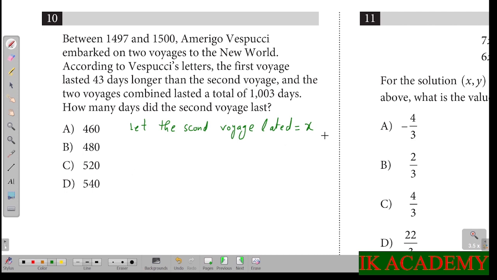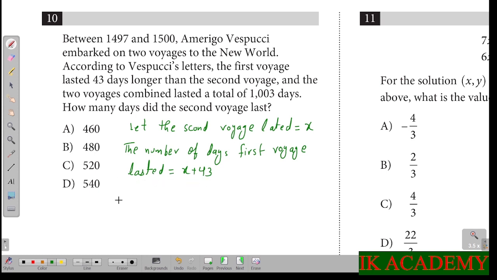It means if we add 43 days to X, we will get the first voyage. The number of days the first voyage lasted is equal to X plus 43, because the first voyage is 43 days longer than the second voyage.